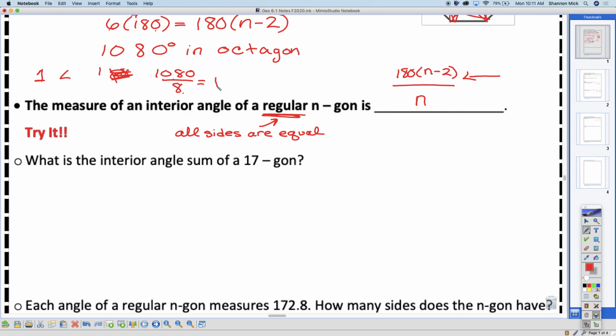Once, with 2 left over, right? 8 goes into 28 how many times? 3, with 4 left over. There's a 4 there. And 8 goes into 40 how many times? 5. So in a regular octagon, each angle is what? 135.